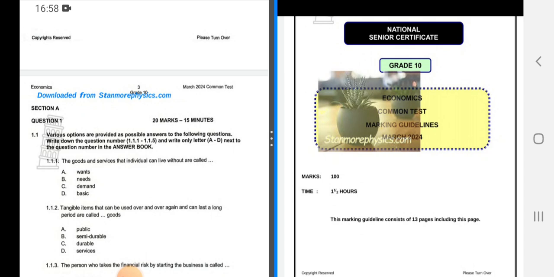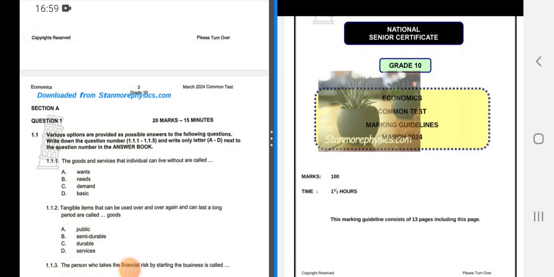So in question 1, it's a multiple choice question where you are given a statement and 3 or 4 options. You have to choose the correct one, okay? So various options are provided as possible answers to the following question. Write down the question number and write down the letter next to the question number in the answer book.